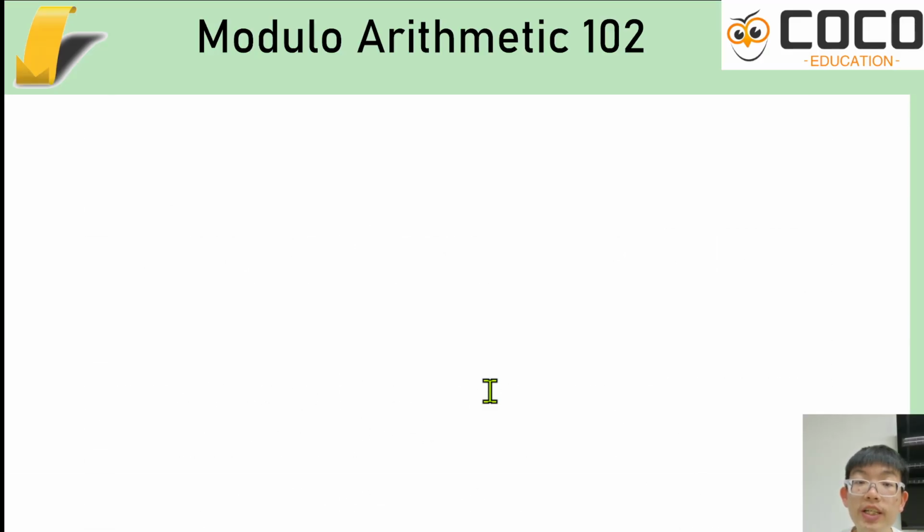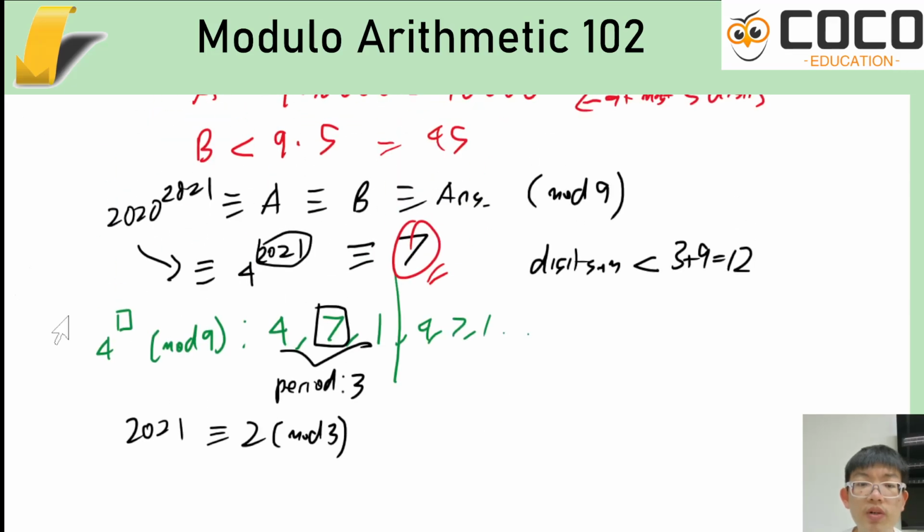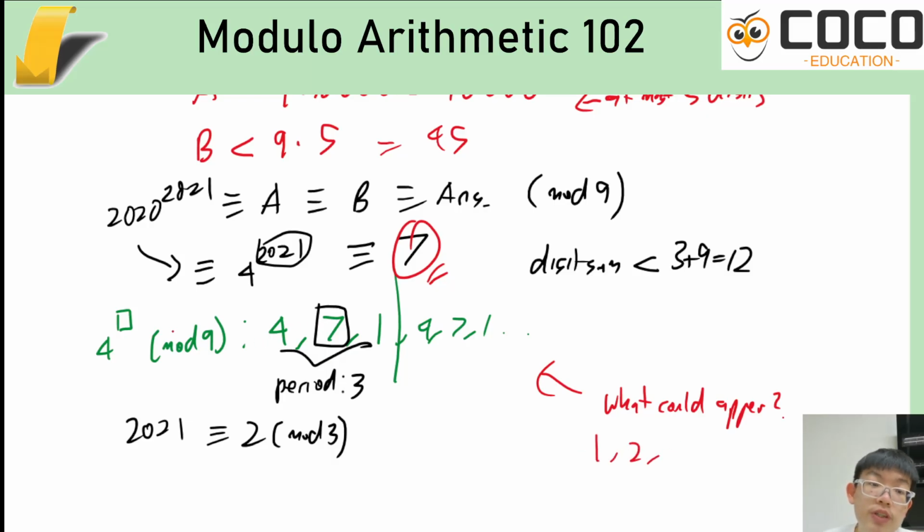We did not really worry about that previously because it was, let's say, mod 9. How bad can it be? It can't be that bad, because the only things that can possibly show up here are up to 9. Assuming that we are using positives, it's just a very small list of things that could appear. So 1 could appear, 2 could appear, 3 can't appear because it can't be 3 mod 9.